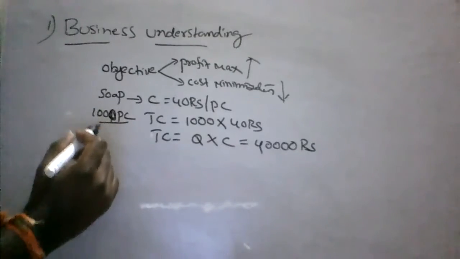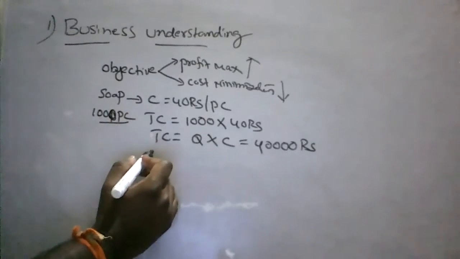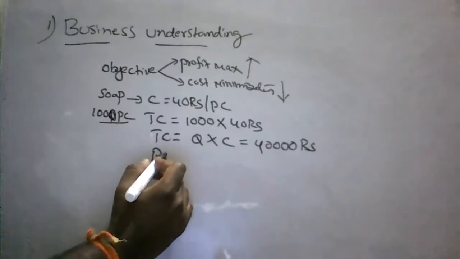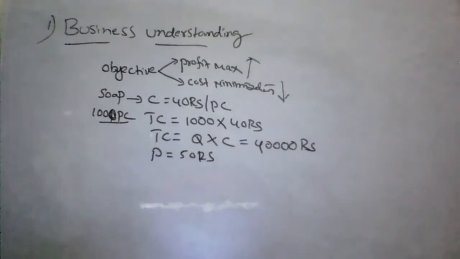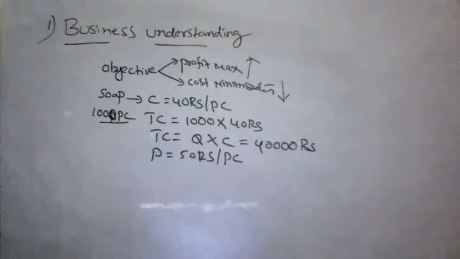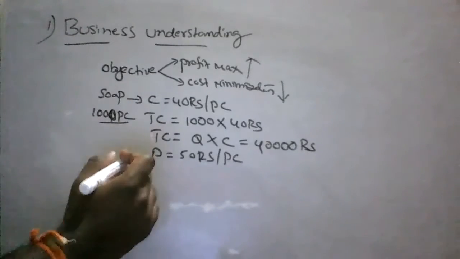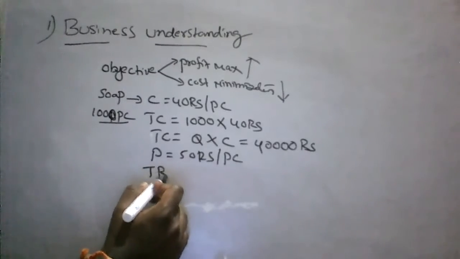Now let us say I plan to sell my soap in the market. The price of the soap is 50 rupees per piece. That means in a day I am going to sell the entire 1000 soaps in the market. How much revenue I get is denoted by total revenue.